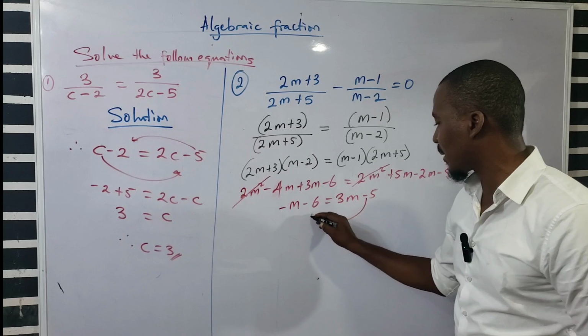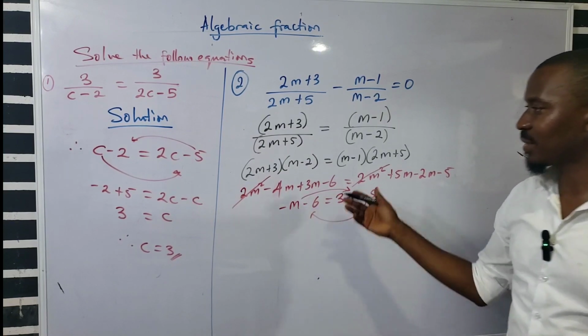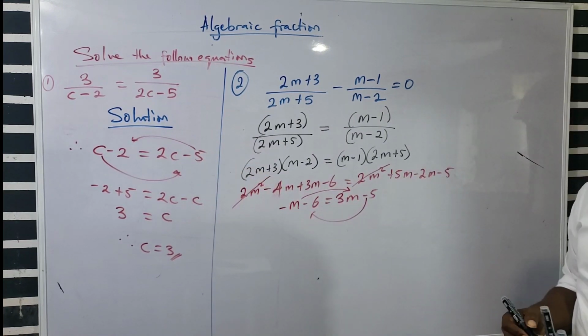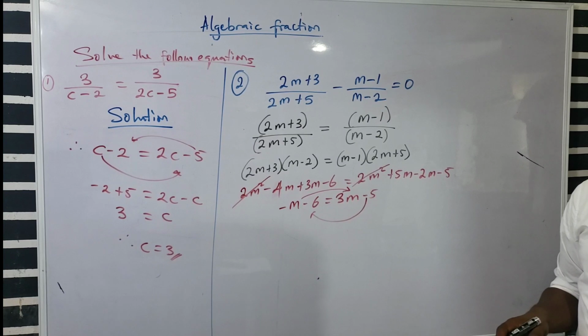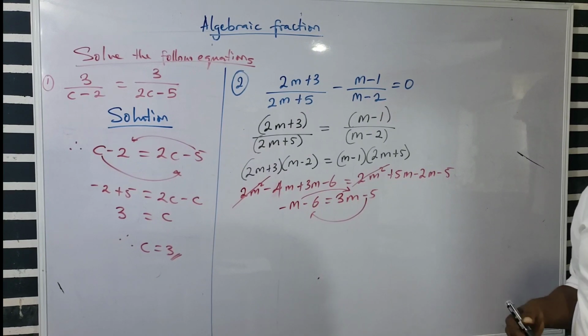So I take this one here and I bring this one here. You'll be surprised, the way I'm doing all this is because I like keeping the bigger variable and bringing the smaller variable, so that I won't be battling with my negative value.